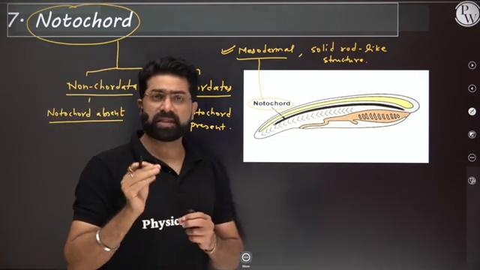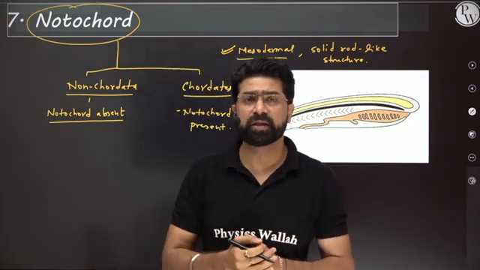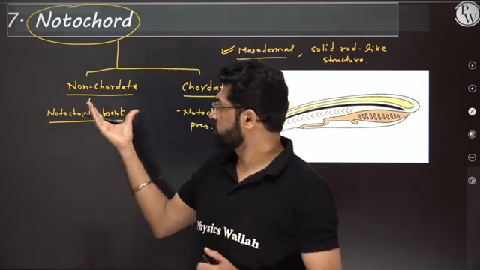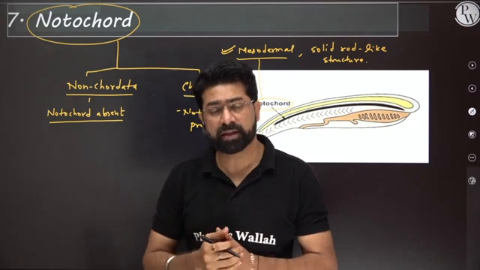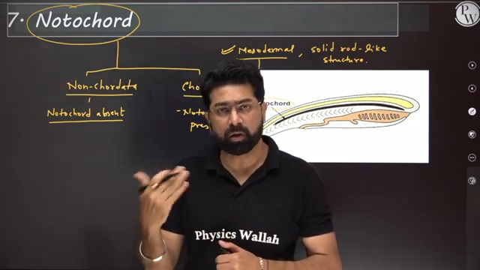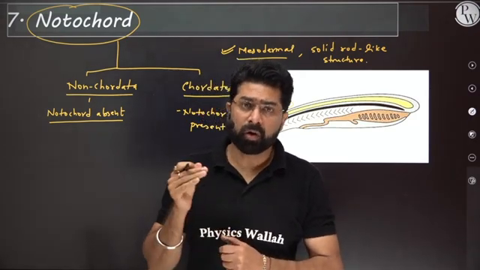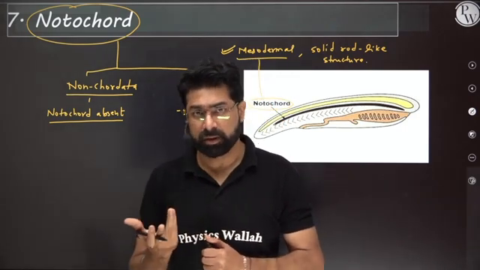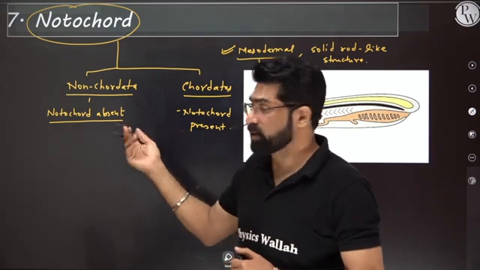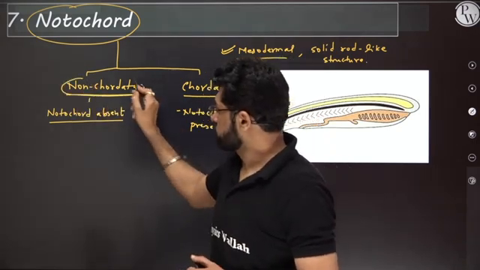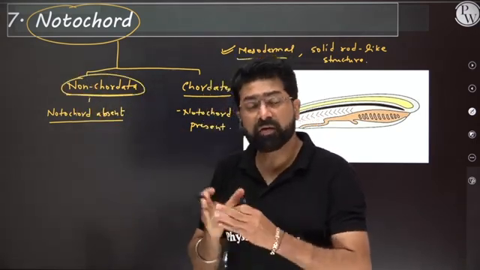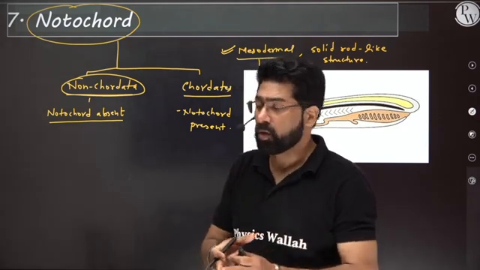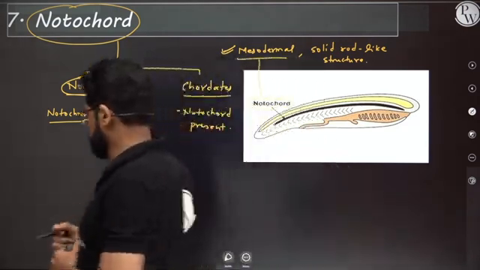Now can you just recall the difference between the non-chordates and the invertebrates? Are all non-chordates invertebrates or all invertebrates are non-chordates? That one question comes to your mind, I think. So are all invertebrates non-chordates or all non-chordates invertebrates?